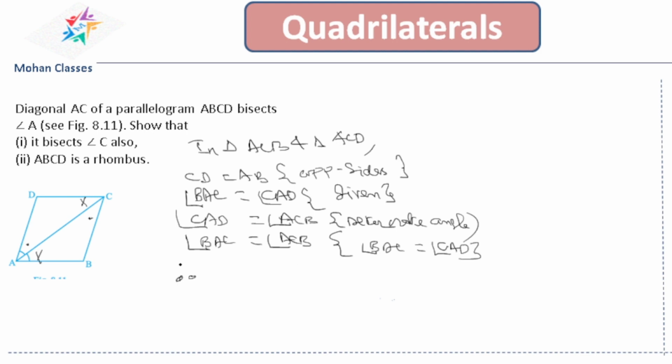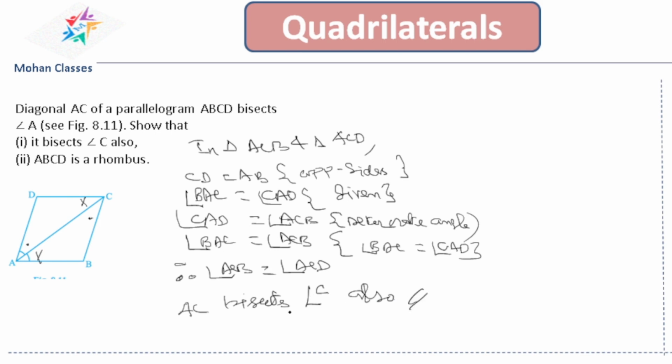Therefore, angle ACB is equal to angle ACD. So, angle ACB is equal to angle ACD means AC bisects angle C. Therefore, AC bisects angle C also.